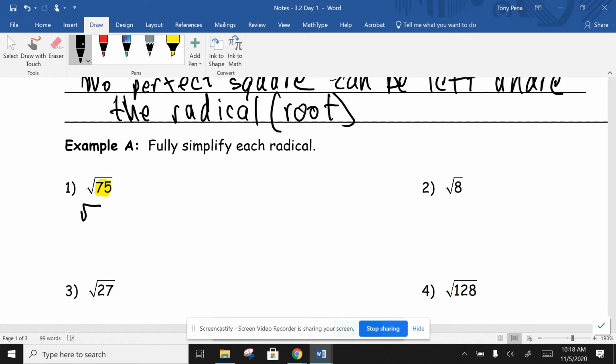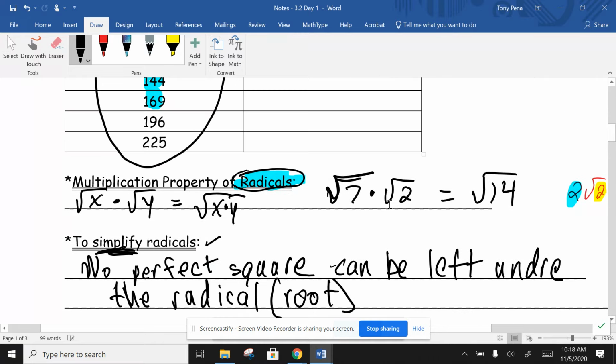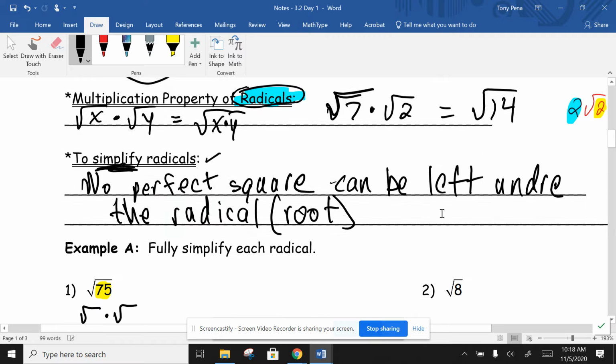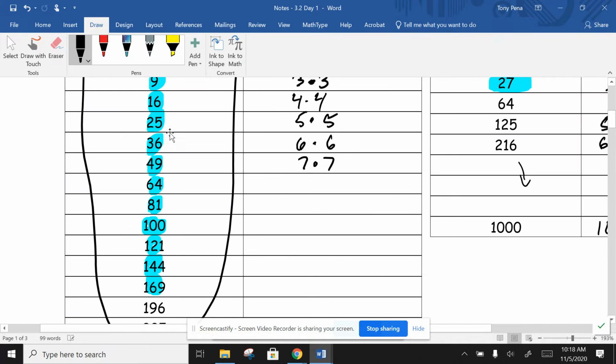So what I mean by that, write out two different square roots and say that we're going to multiply those together. And what we're then just using is this property up here. So how do I multiply radicals together? The numbers underneath get multiplied together to get a new number underneath. What we want to come up with is a way to multiply to get 75, with one of them hopefully being a perfect square from our column up here.